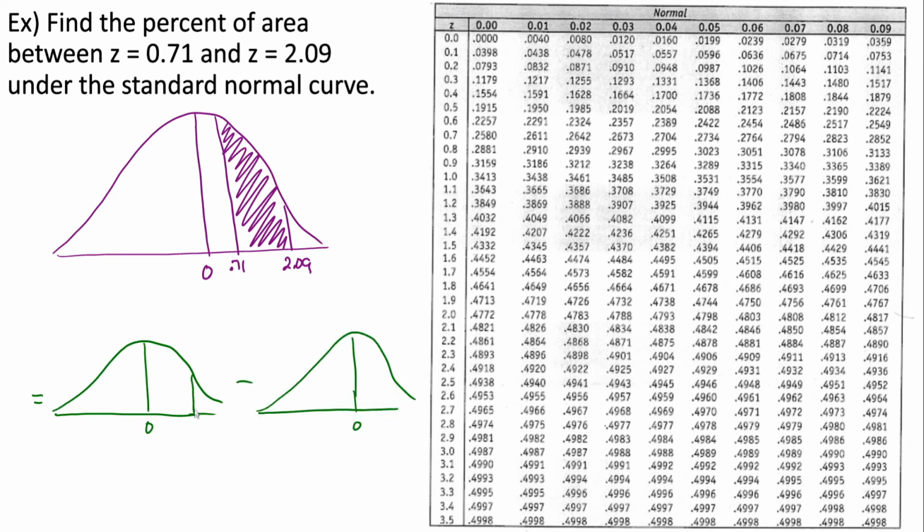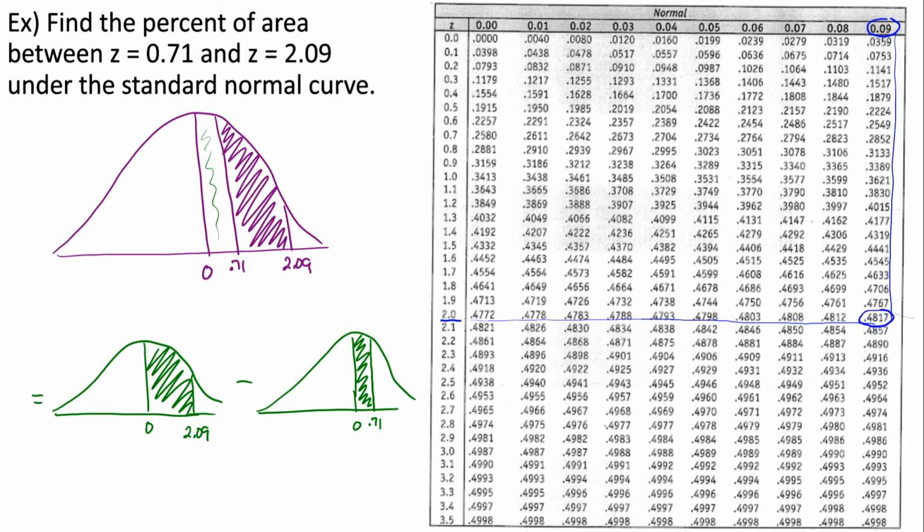So our larger area is the area between 0 and 2.09. That's this whole thing here, or if we were to include this piece here. And the smaller area we have is the area between 0 and 0.71, which is this area here. So if we subtract this area from this whole area between 0 and 2.09, we're just going to be left with the shaded piece. So the area between 0 and 2.09 will go to 2.0, and then up here 0.09, so we follow this one all the way across over here and follow this one down until they intersect.